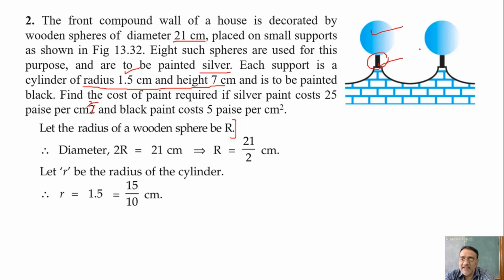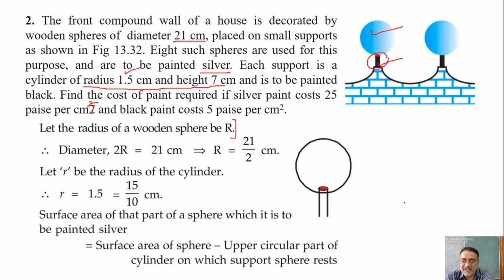Now look carefully. The surface area to be painted silver is not the whole total surface area of the sphere, because the part where the support is attached will not be painted silver. See this figure, this part which is attached will be missed for silver paint. Is this part understood? Yes, sir. That circular part of the cylinder we have to subtract.